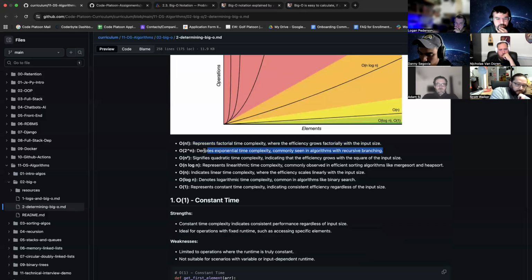This denotes exponential time complexity, commonly with recursive branching. If you guys remember a couple of weeks ago, you'll never really use a recursive algorithm for anything just because it's not efficient for literally anything.